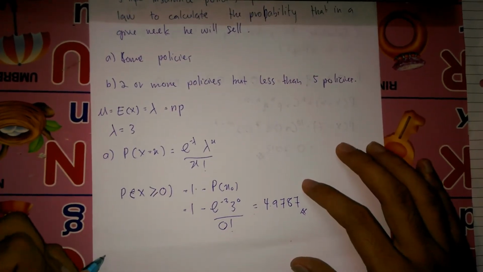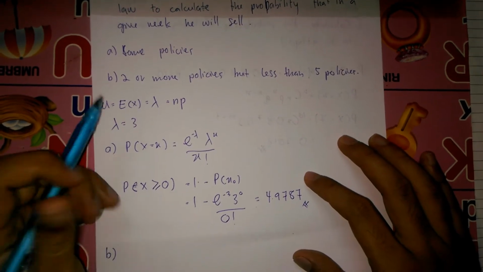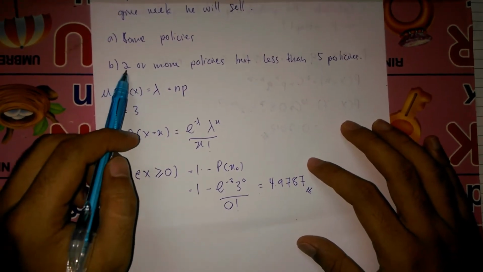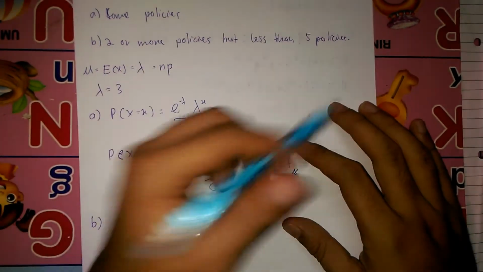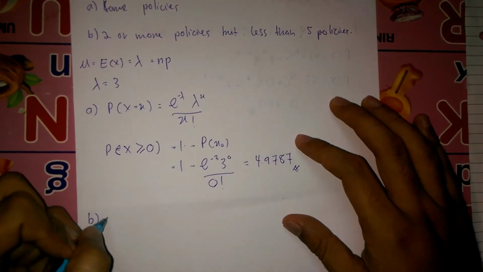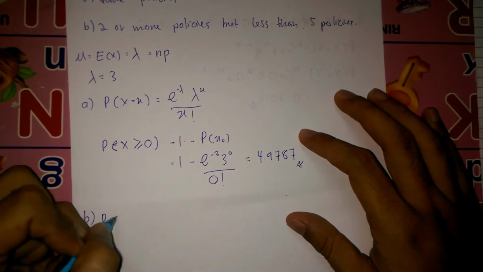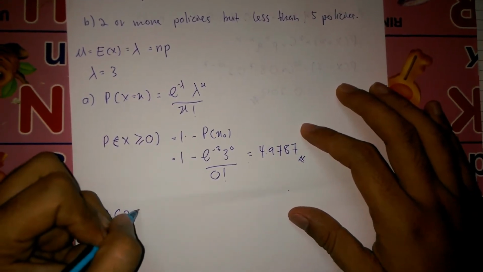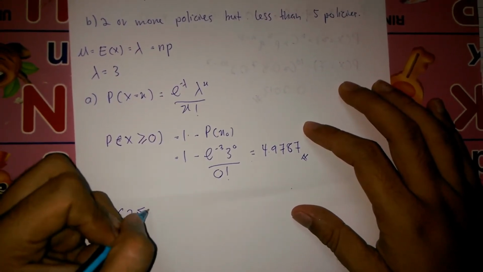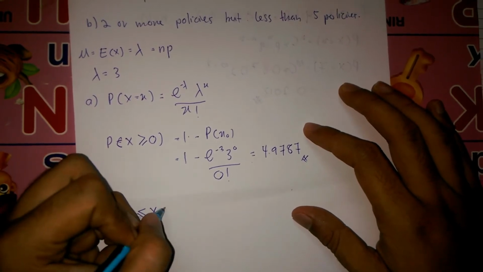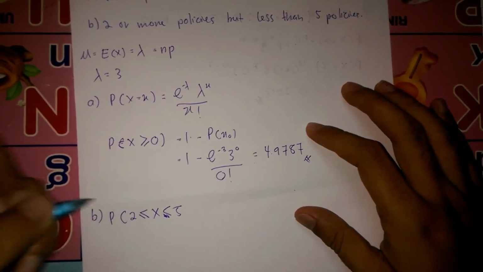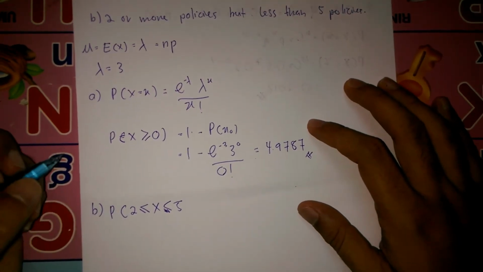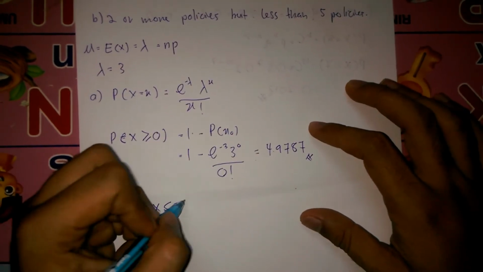So for B, the question is 2 or more policies but less than 5 policies. So we consider P of x from 2 and less than 5. Oh sorry, it is less than 5, not equal to 5, just less than 5.